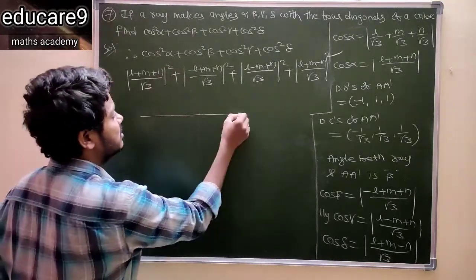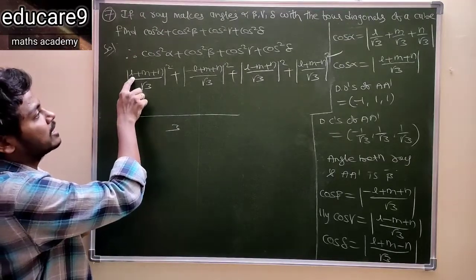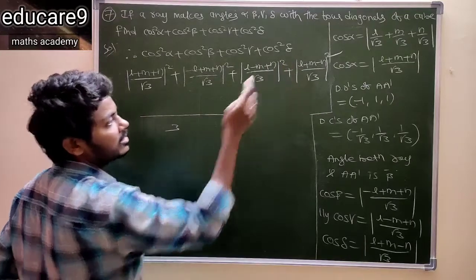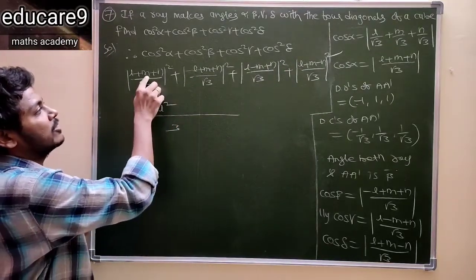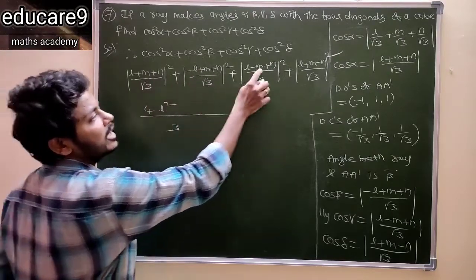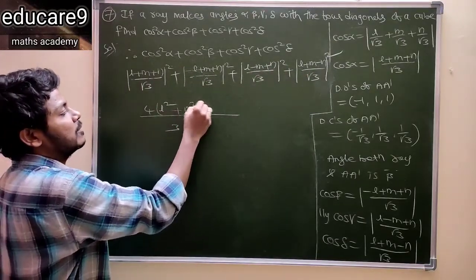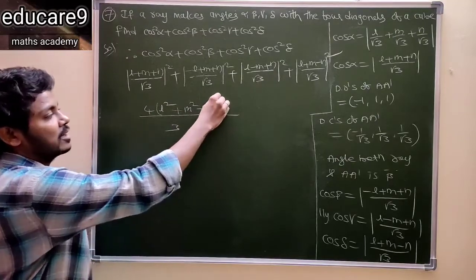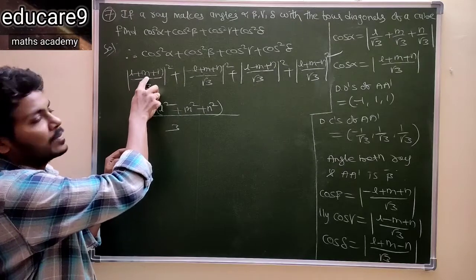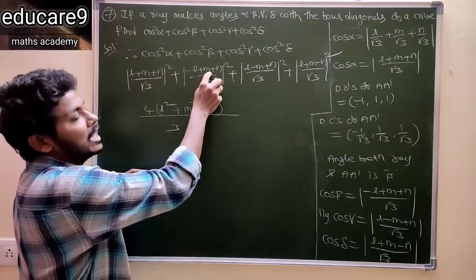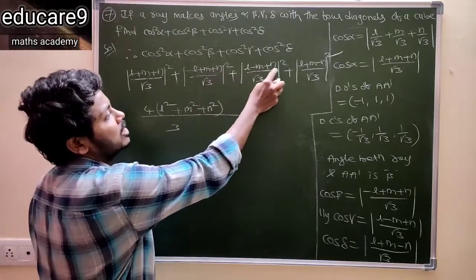So the LCM is 3. Now, l square four times, we get 4 l square. Next, m square four times, 4 m square, and similarly 4 n square. That is 4 times l square plus m square plus n square. Next, plus 2lm and minus 2lm get cancelled. Similarly 2mn minus 2mn.